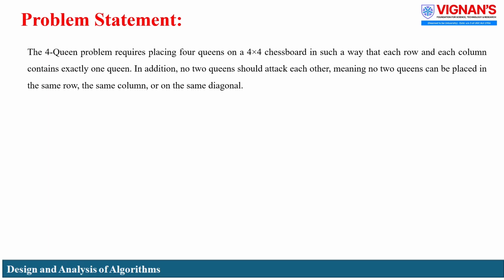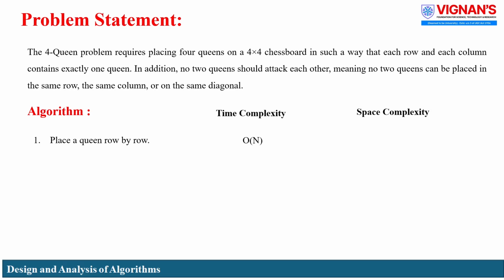Now let's look at the algorithm along with its time and space complexity. Step 1. Place a queen row by row. The time complexity for this step is O of n. The space complexity is O of 1, or sometimes the board uses O of n squared or O of n space. Step 2.